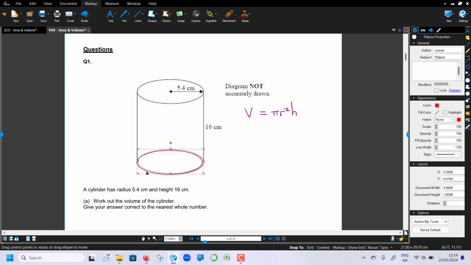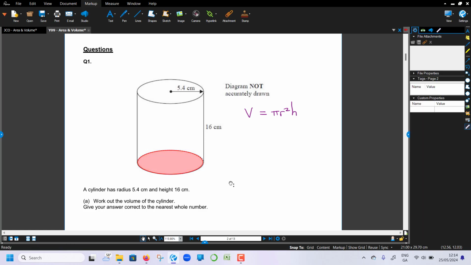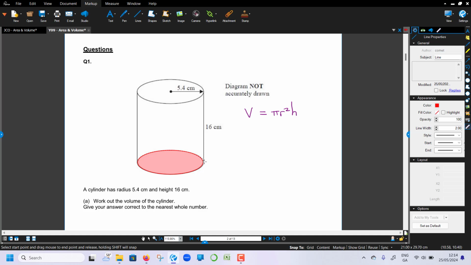You see that circle at the bottom of the cylinder, the base of the cylinder. What's the area of any circle on a flat plane? It's pi r squared, right? So you know that's pi r squared, and then we're going to raise that by a height.